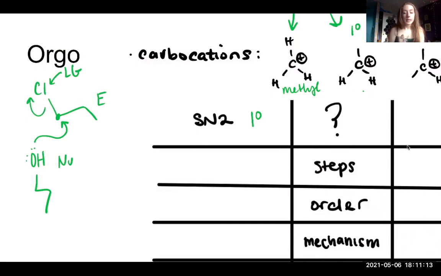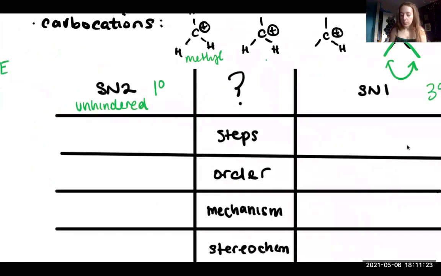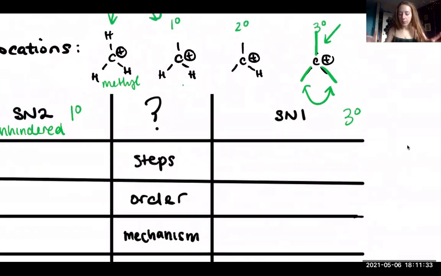And it needs to be unhindered, okay? It needs to be SN2 unhindered. It wants to be unhindered during the attack, okay? But SN1 needs it to be hindered. It needs it to be stabilized by that tertiary, by the other components of the molecule. So even though attacking it is not the most convenient when there's a lot of things coming out of it, the only way to form a carbocation realistically is by having that tertiary carbon.